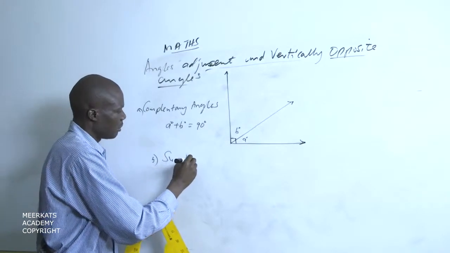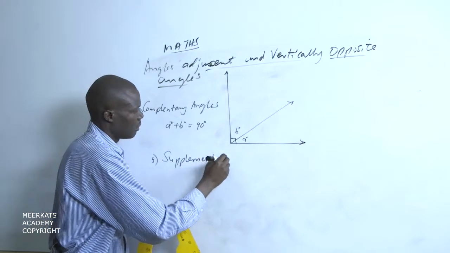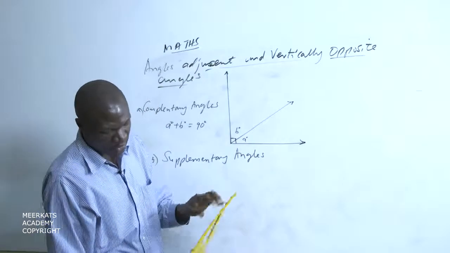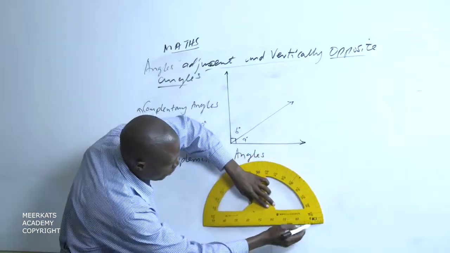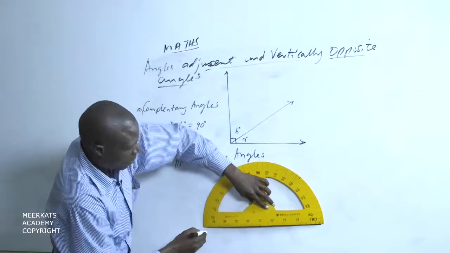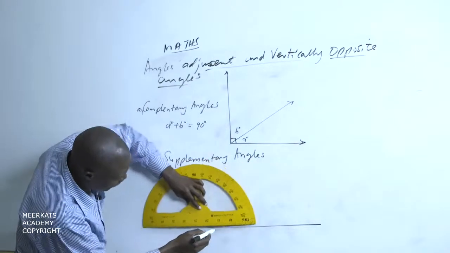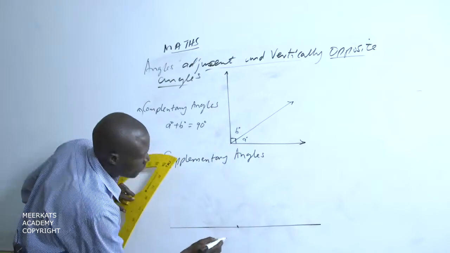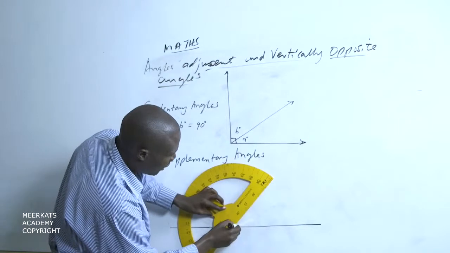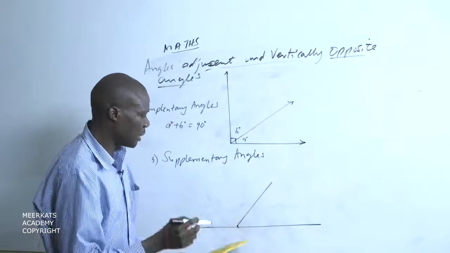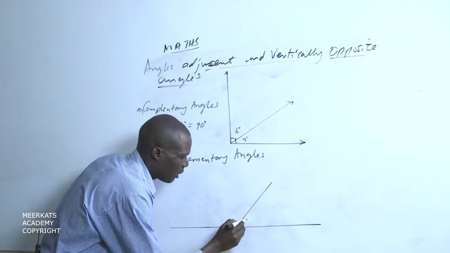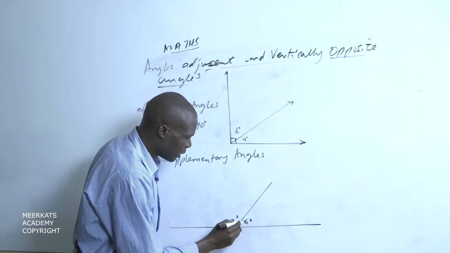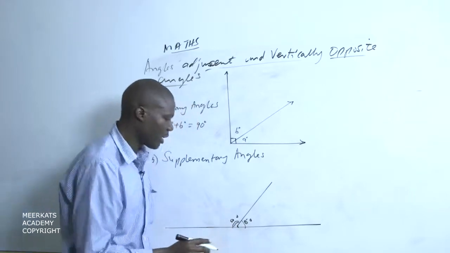We have the second pair of angles, which we call supplementary angles. To illustrate this, we have 180 degrees, which is normally a straight line, and then any adjacent angles should give us that. We have A and B here. In this case, these angles are not the same; this is a different angle and this one is a different angle.